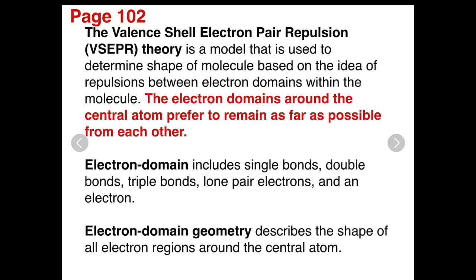Electron domain geometry describes the shape of the electron regions around the central atom. We look at the central atom, determine the electron regions around it, and put them as far apart as possible. That is the geometry that we are going to look at.